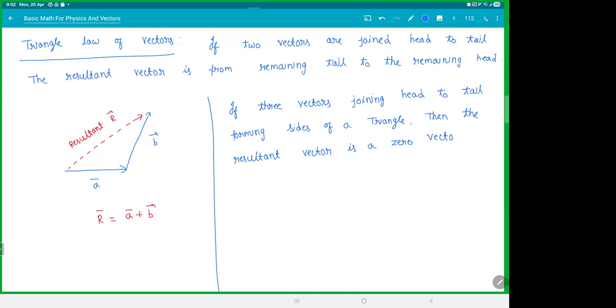If you start at some point, go like this, and then come back like this, what is the displacement? Zero, right? If you go round and come back to the same point, you did nothing basically. So it's a null vector. We can simply say a bar plus b bar plus c bar is equal to 0 bar. Easy. Triangle law simply tells you if you walk around randomly, it is as good as going from the starting to the final point directly. It's a displacement thing. All clear with this?